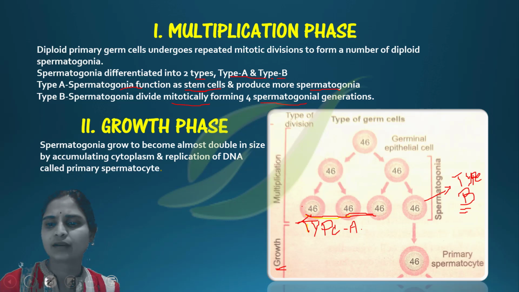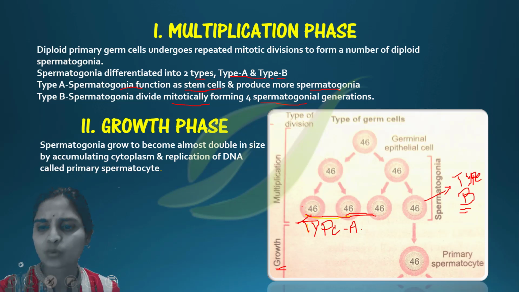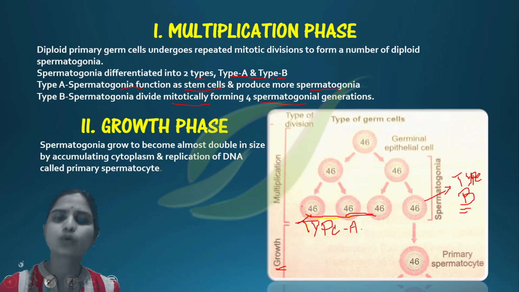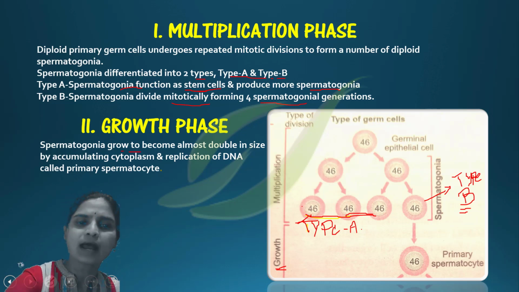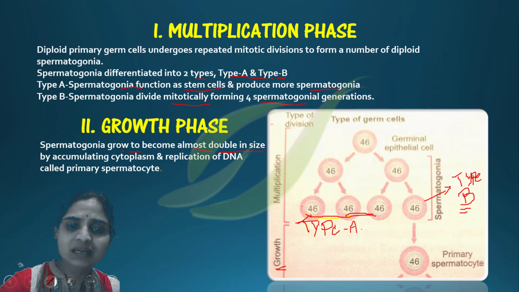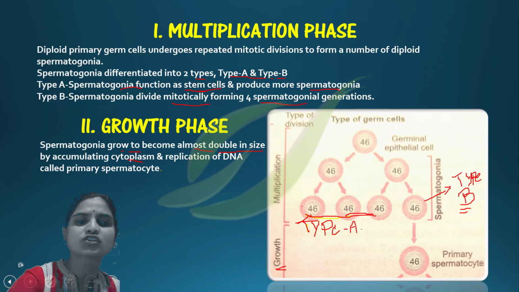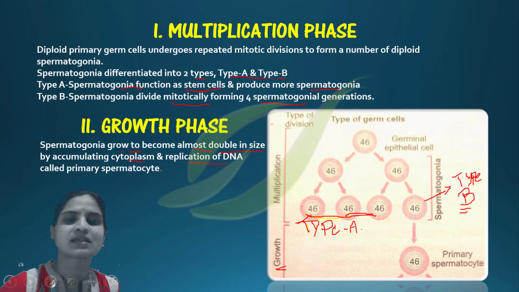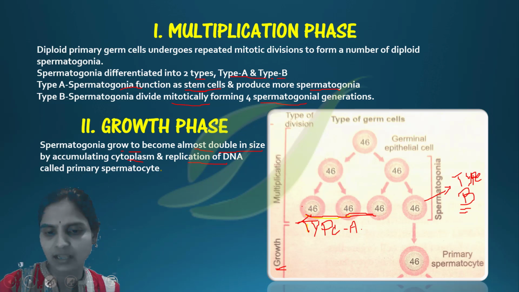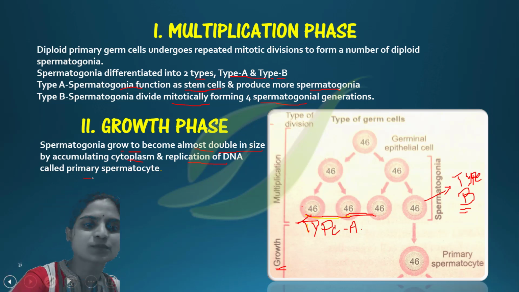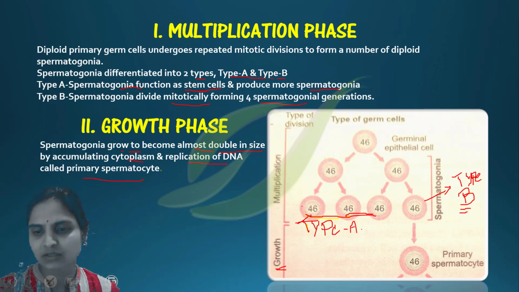So next we can find what happens to this spermatogonia. Type B spermatogonia will enter into the growth phase. In the growth phase, the spermatogonia will grow and become almost double in size. It becomes bigger due to the accumulation of cytoplasm as well as replication of DNA, and it is called a primary spermatocyte.